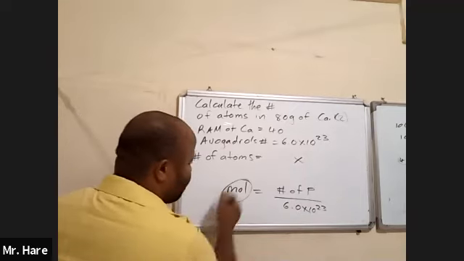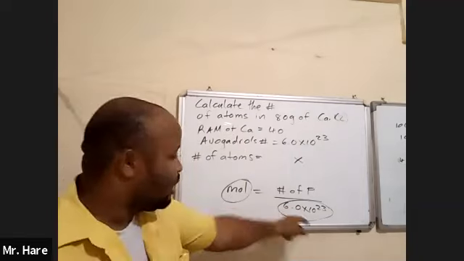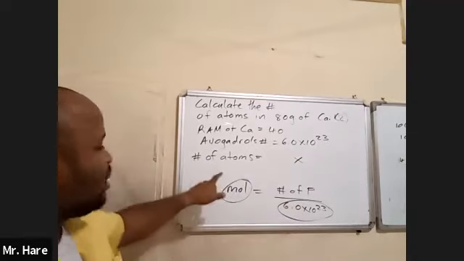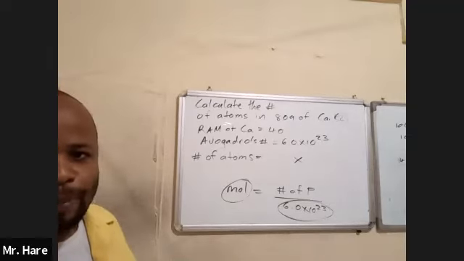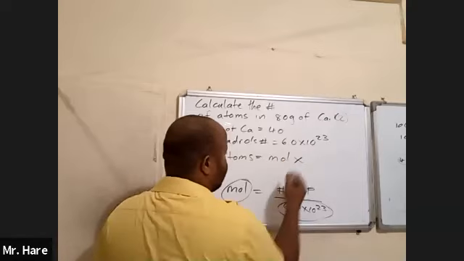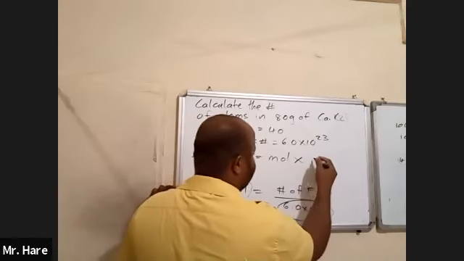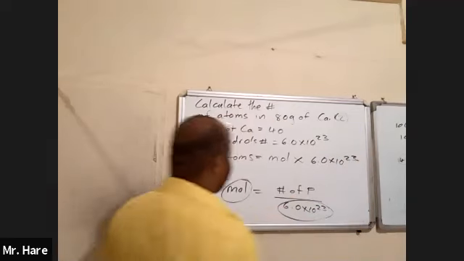Only two things remain from the equation, the mole and the constant. So it is the mole times Avogadro's number, 6.0 times 10 to the 23rd power.